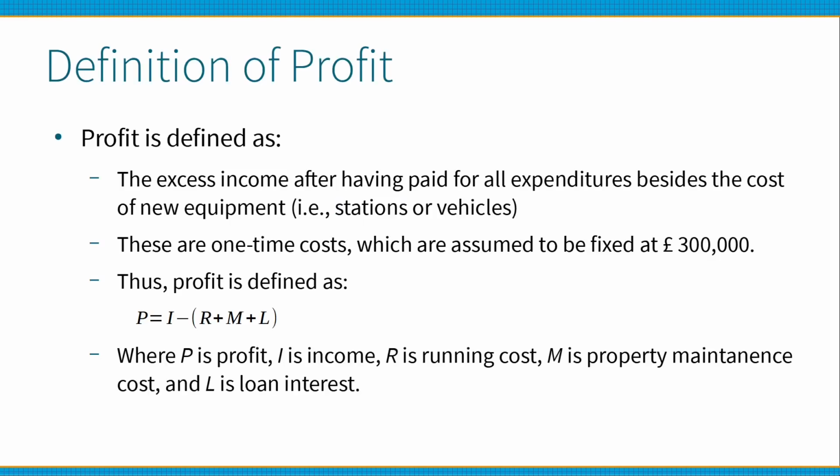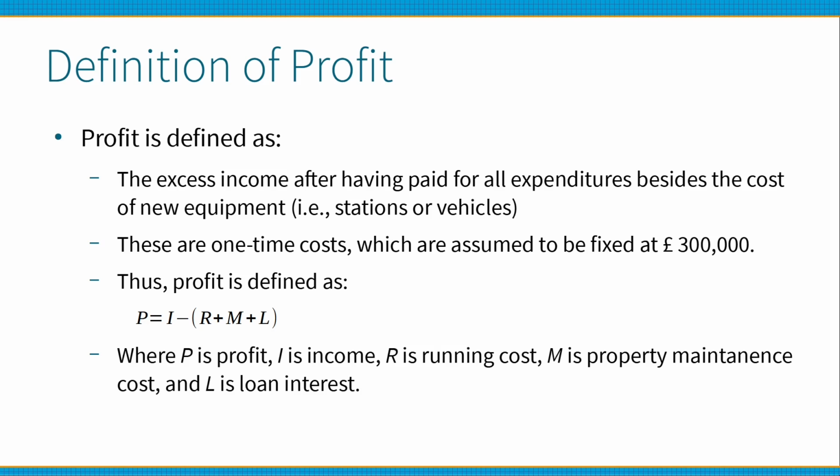And the first thing we need to talk about is how we're defining profit. We could include, for instance, the cost of the stations and the vehicles. I don't because these are one-time costs, and we're trying to figure out, basically, if we let things run over the next year, what is the minimum amount of profit we can make?